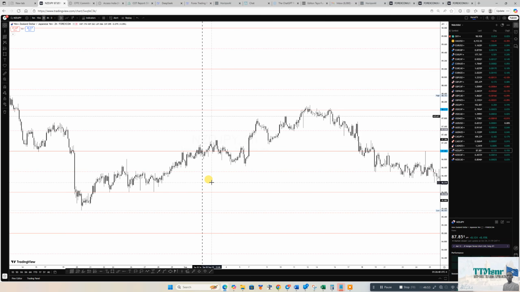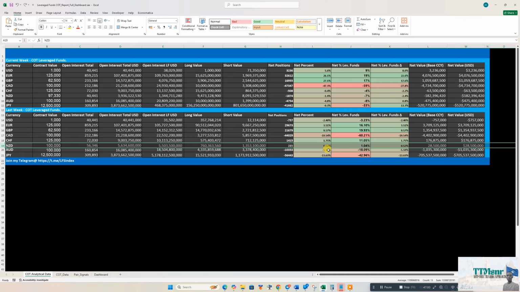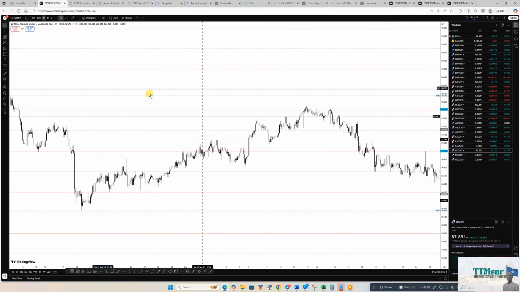So understand if the first or base currency is positive. For example, we have NZD negative or positive. You see that NZD is positive. That means on the chart, when the base currency is NZD, we are expecting a strong buy.